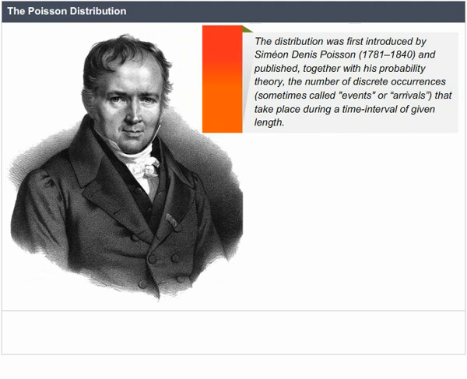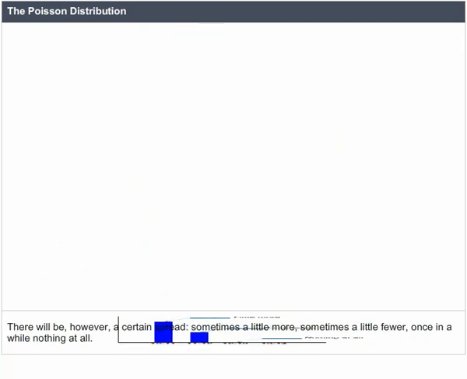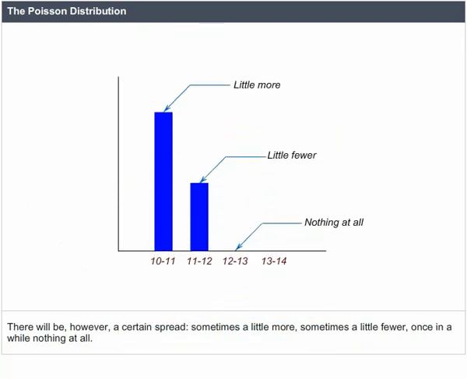For instance, suppose someone typically gets 4 pieces of mail per day on average. There will be, however, a certain spread: sometimes a little more, sometimes a little fewer, once in a while nothing at all.